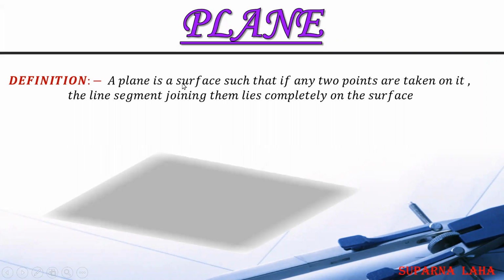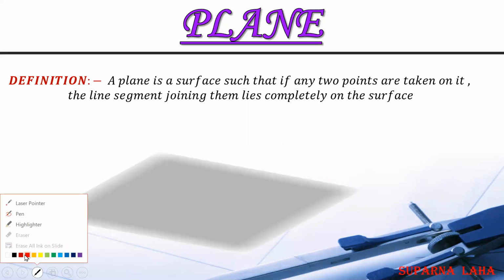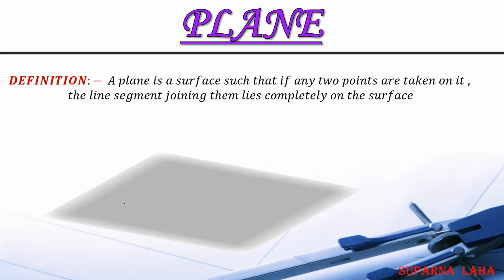That is, a plane is a surface such that if any two points are taken on it, the line segment joining them lies completely on the surface. So if we take 2 points A and B on the surface, sorry, not on the plane, this is the definition of a plane.